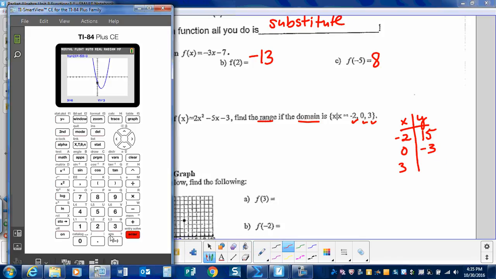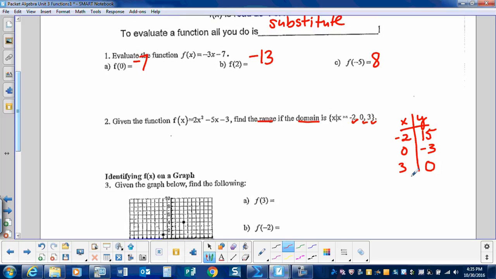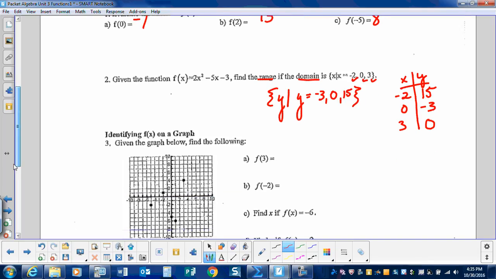And when x is 3, y is 0. So find the range. So the values of y are negative 3, 0, and 15.